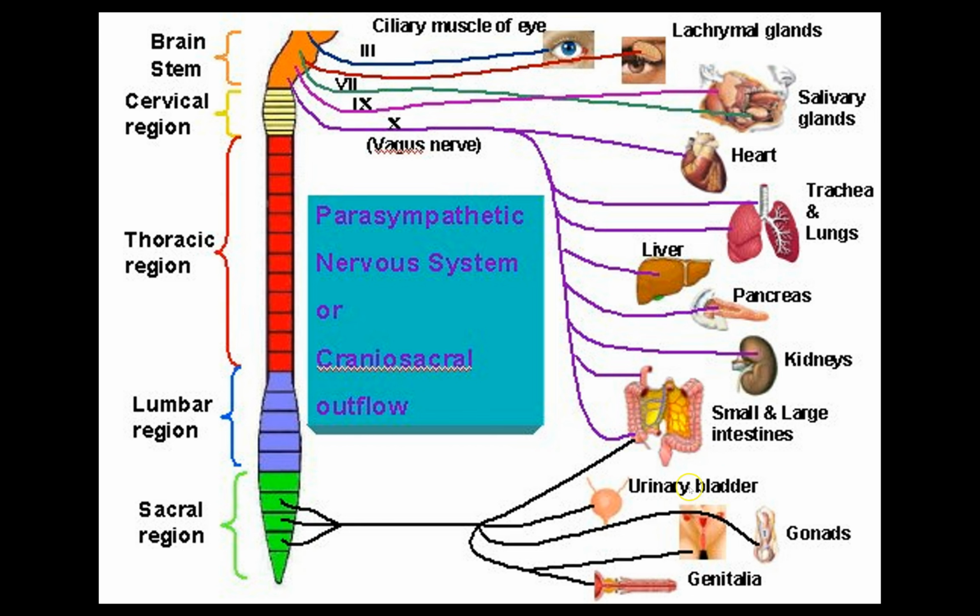For the urinary bladder, I'm resting, I can go to the toilet anytime, so I get contraction of the wall and relaxation of the sphincter. For the gonads in males, it is responsible for erection. Erection is a function of the parasympathetic, and ejaculation is a function of the sympathetic. And as we said, it is a craniosacral system: cranial nerve nuclei and S2, 3, 4 segments.